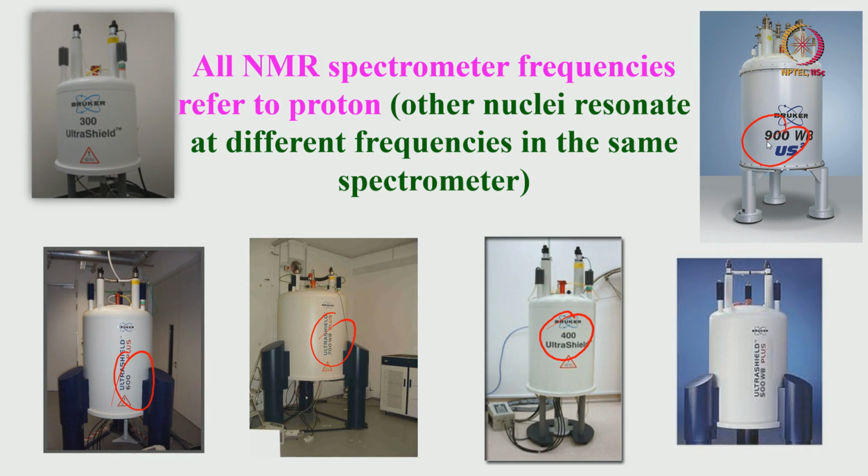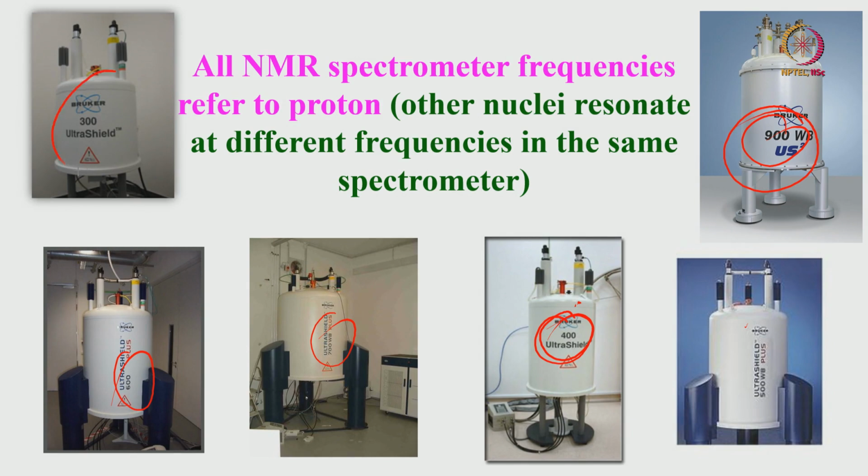This is the resonating frequency of protons. These cylindrical materials, what you see in any NMR lab, are huge, strong magnets. If I say 400 here, that means in this magnetic field, proton is resonating at 400 megahertz. In this magnetic field, proton is resonating at 900 megahertz. This is what is understandable.